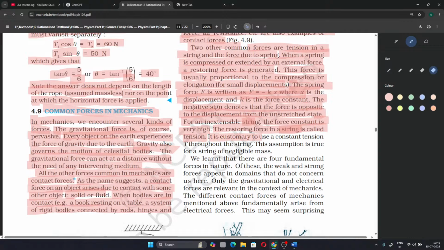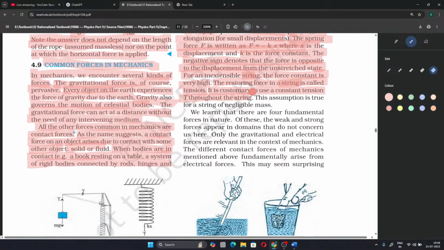It is customary to use a constant tension T throughout the string. Basically, we don't usually take tension in one part of the rope to be separate from another part of the rope. We take the tension in the rope to be always the same throughout.